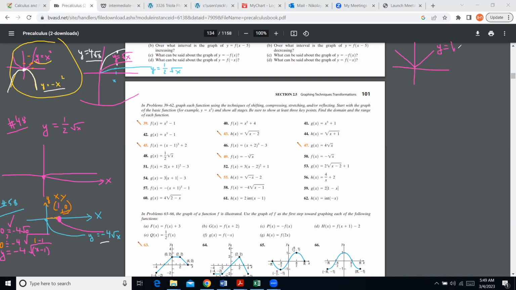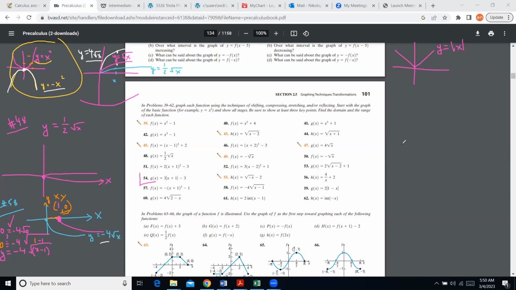It's just like a check mark. Last time we also saw these functions at the beginning of this section 2.5. They provide you with a bunch of graphs. Our goal is just to look at them and realize that they all could be graphed using the same type of transformations.